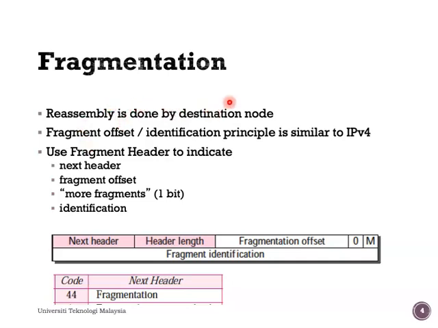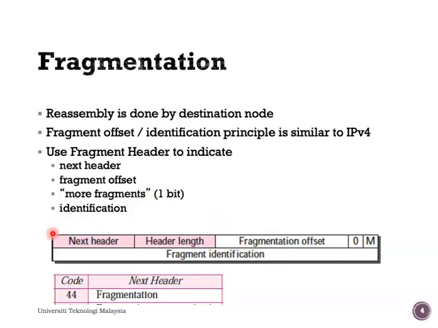For fragmentation purposes, the fragmentation offset and identification principle is similar to IPv4, even though these fields have been eliminated from the base header. They exist in the extension header. IPv6 uses the fragment header to indicate the next header, fragment offset, more fragments, which is 1 bit, and also identification.